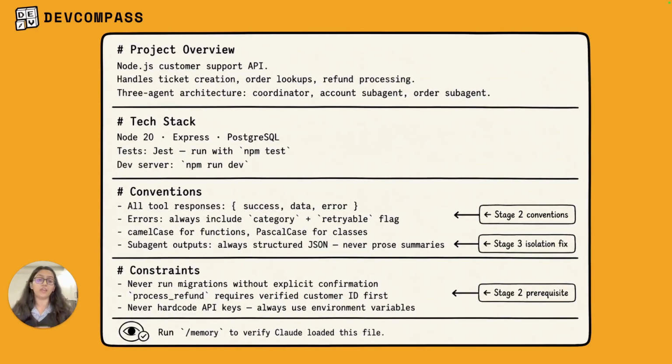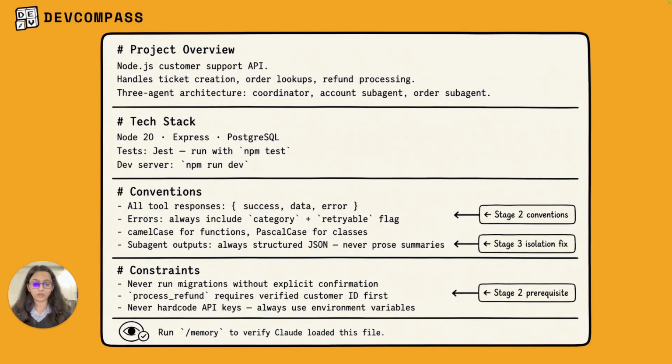Three-agent architecture: coordinator, account sub-agent, order sub-agent. Two sentences. So Claude reads this and immediately knows it's inside the system that we have been building. Tech stack: Node 20, Express, PostgreSQL. Run tests with npm test, start the local server with npm run dev. Exactly what a developer needs to run the project.